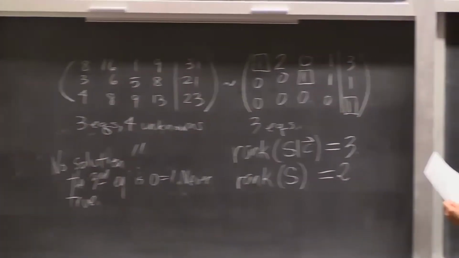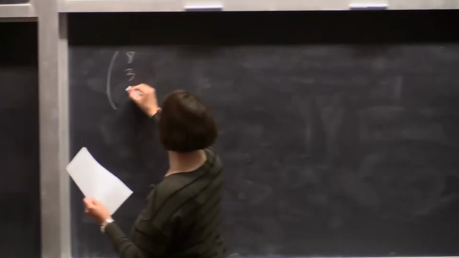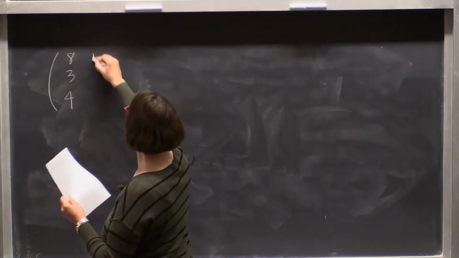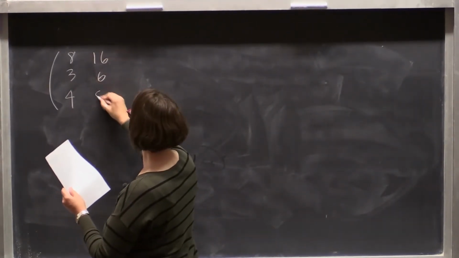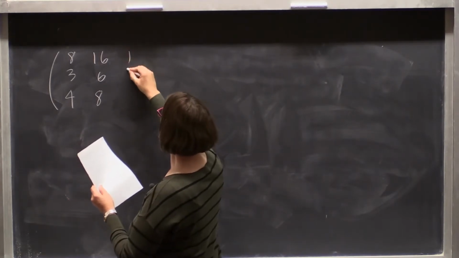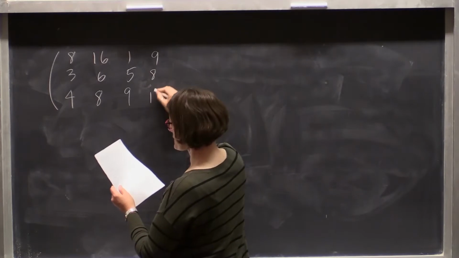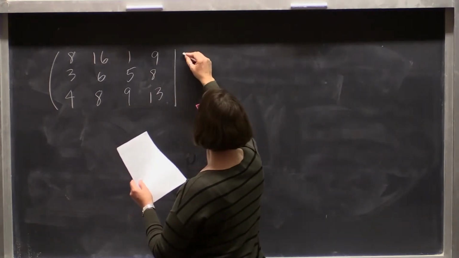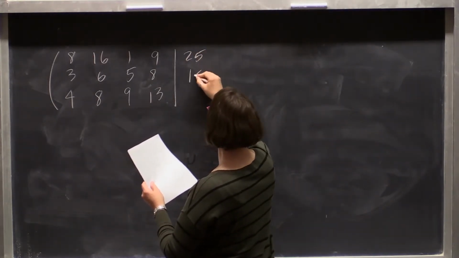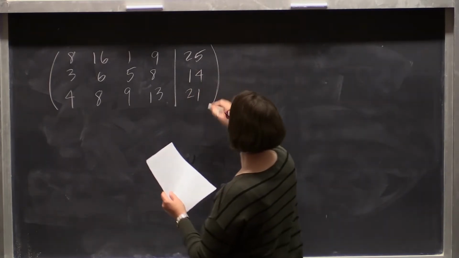So here we have a linear system, with augmented matrix 8, 3, 4, 16, 6, 8, 1, 5, 9, 9, 8, 13, 25, 14, 21.